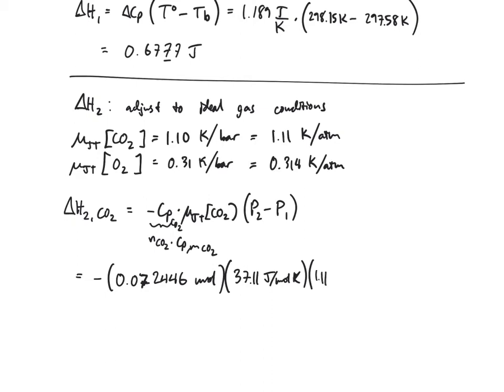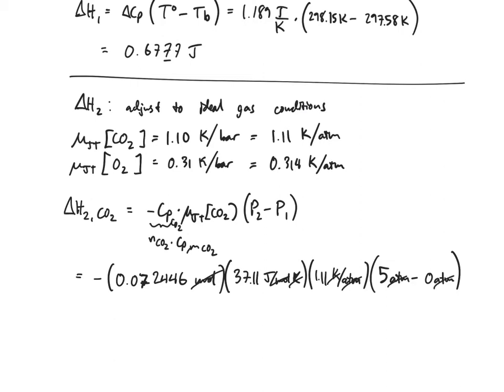And then my mu JT for CO2, Kelvin per atmosphere. And then I'm going to put the pressures in the following order: 5 atmospheres minus 0 atmospheres. Now, if you look at the way I've set this up, all the units will cancel out just fine.